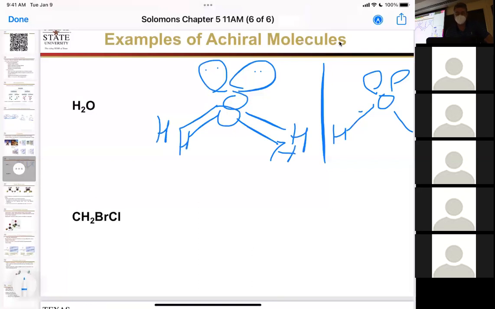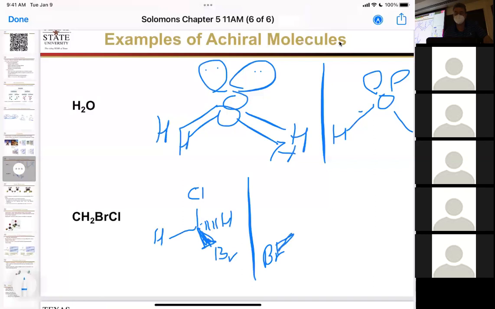So let's try it with something with carbon on it. Let's go Cl, and we're going to draw a heavy wedge coming out at us, bromine. And then a light wedge is the hydrogen here. And then in the plane is the other hydrogen, right? So let's draw this mirror image. We have bromine on the wedge here. We have hydrogen on this wedge.